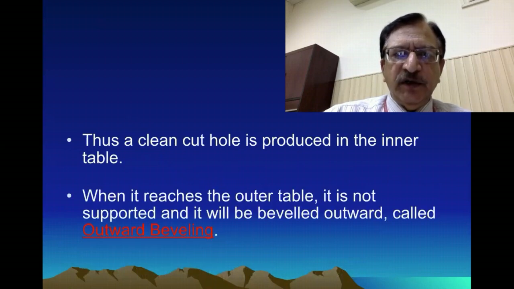And the outer table, which is now not supported, will show bevelling outward. The margins will be beveled out. They will be chipped off in an outward direction. So this is called bevelling outward.